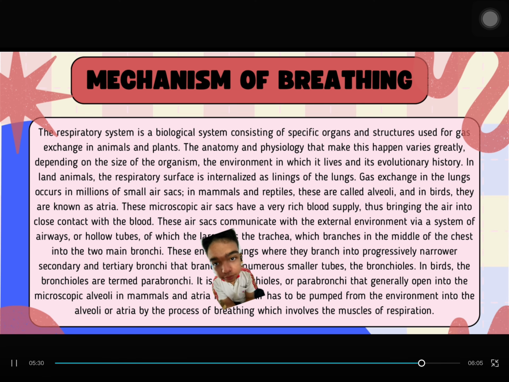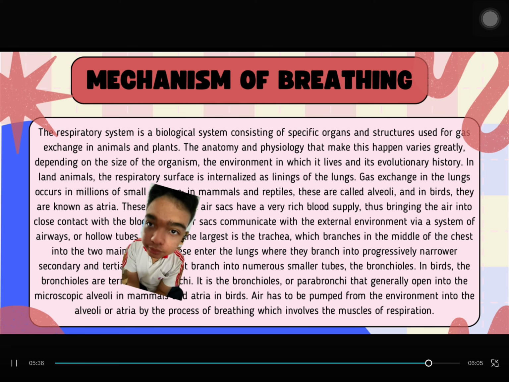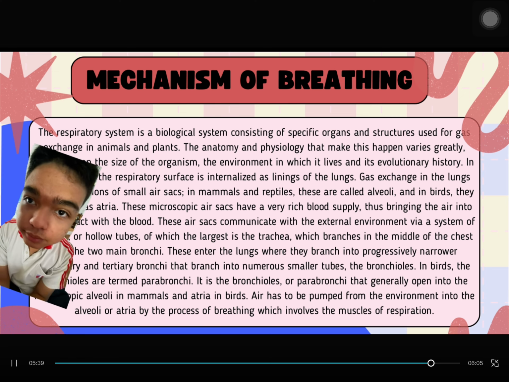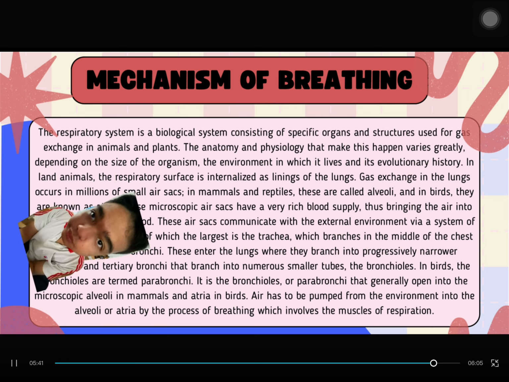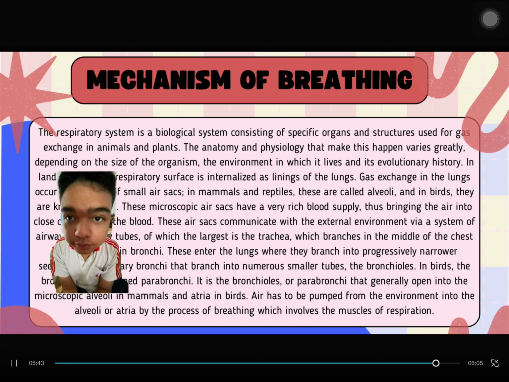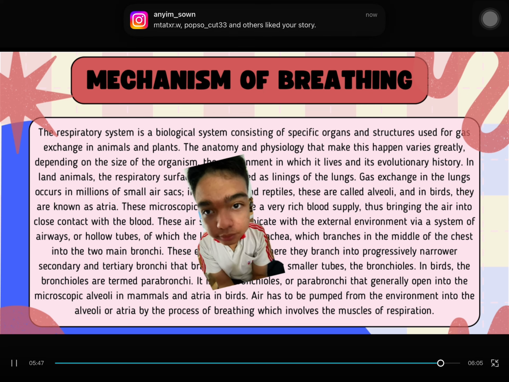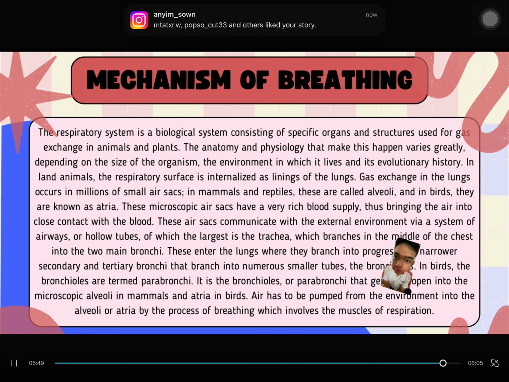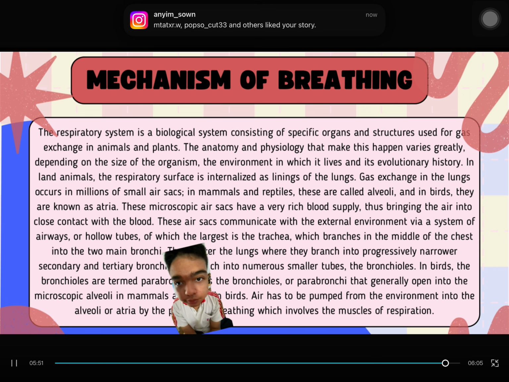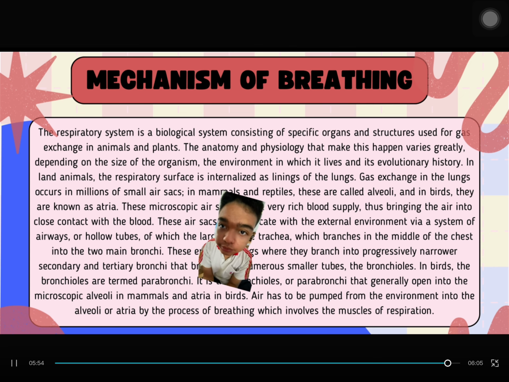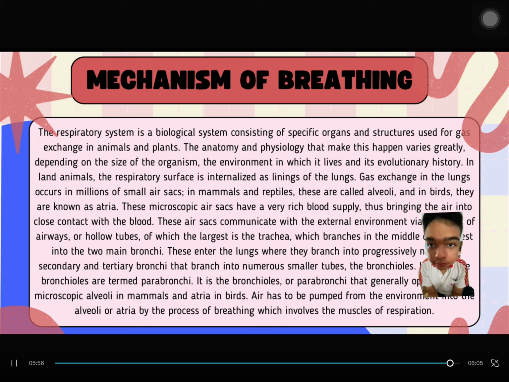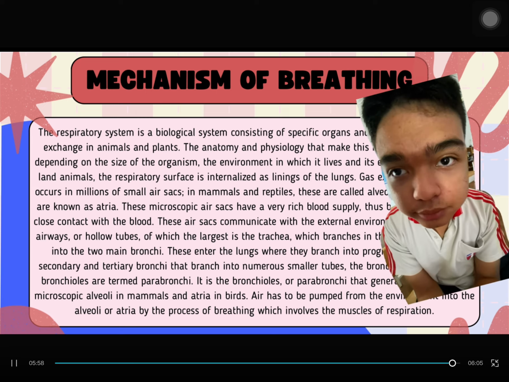It is the bronchioles or parabronchi that generally open into the microscopic alveoli in mammals and atria in birds. Air has to be pumped from the environment into the alveoli or atria by the process of breathing, which involves the muscles of respiration.